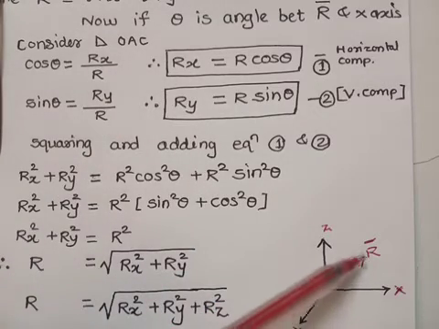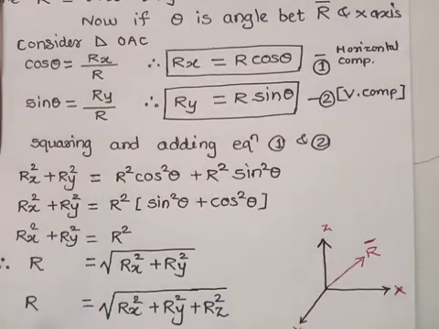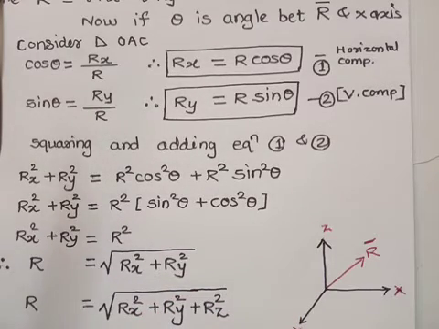Now this R bar gives a magnitude R equals square root of Rx square plus Ry square plus Rz square, where Rx, Ry and Rz are the magnitudes of R bar along the x-axis, y-axis and z-axis respectively.